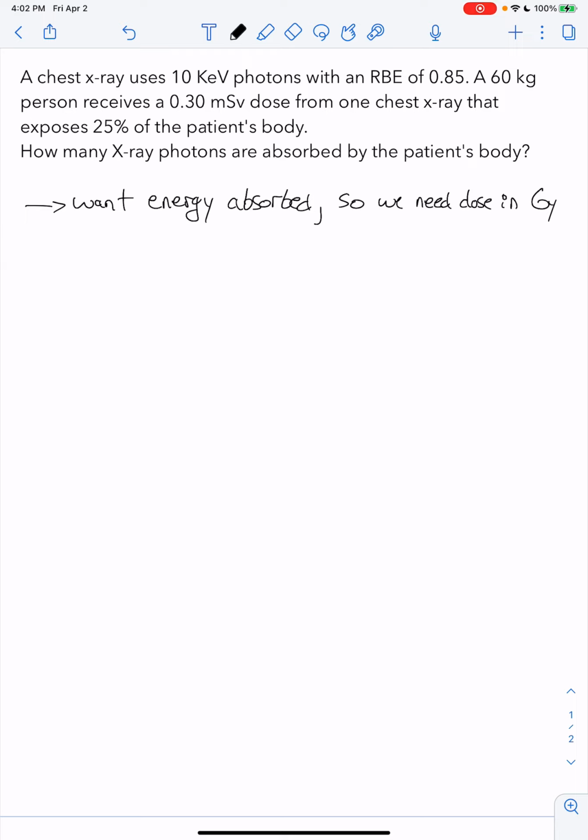Okay, so to convert that, we're going to divide the dose in sieverts, so 0.30 times 10 to the negative 3 for the milli factor, sieverts, by the RBE, the relative biological effectiveness. That's 0.85.